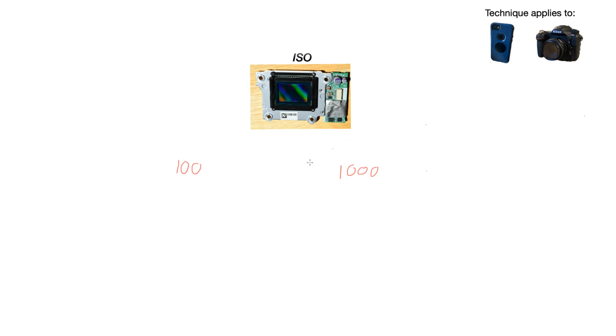So you need fewer photons to get the same brightness in an image, because the sensor is more sensitive to that light, or it's amplifying the light more with the higher ISO. Now this sounds great. Well, why don't I just control how bright my image is using ISO? And just like shutter speed and aperture, ISO has its own effects on an image.